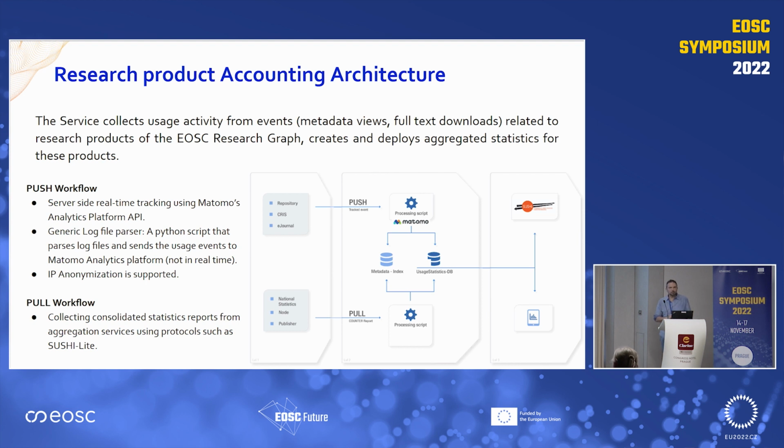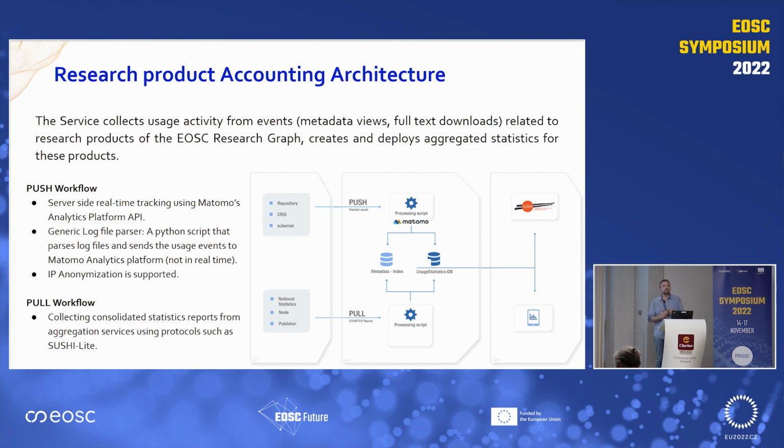So how can you do that? There are two ways of doing this. If you are operating a repository or an archive, you can do this in two ways, by push and by pull. By push is when you are, let's say, registered to an infrastructure. So you use a Matomo environment.